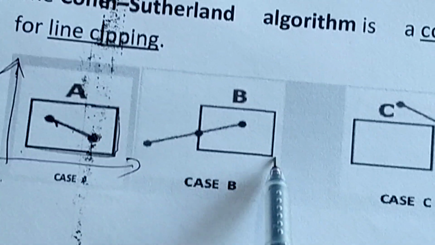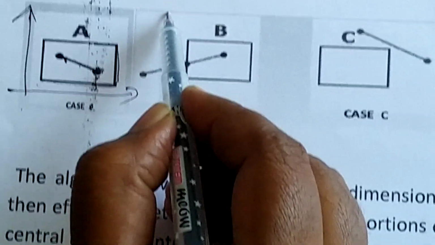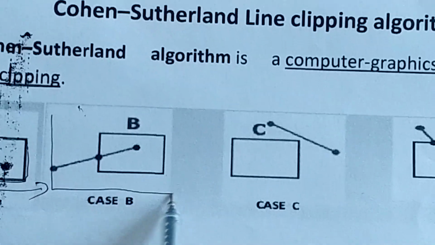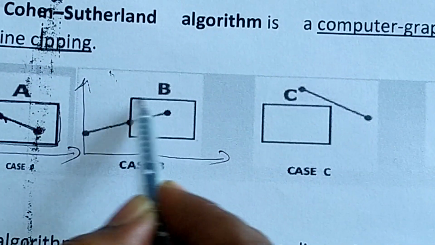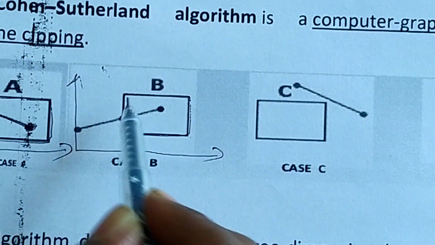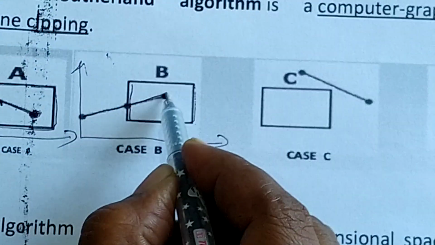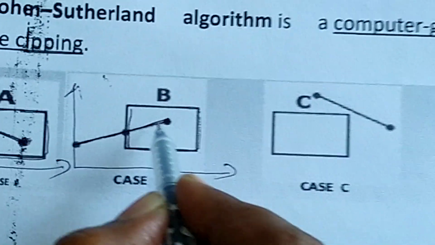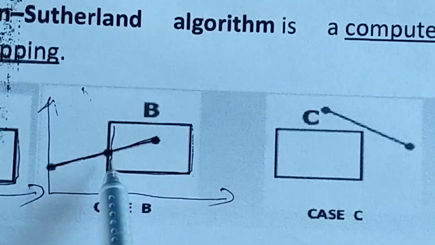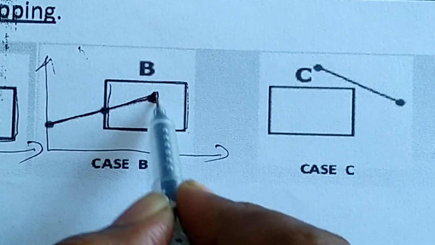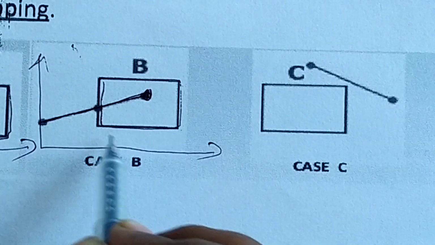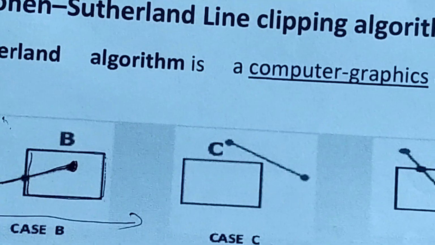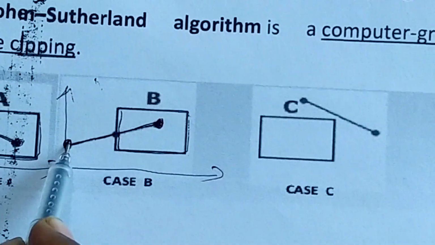We will go for case B. In the XY plane, this is our clipping window, right? And our line segment resides like this. One end point of the line segment is inside the window, and the other end point is outside the window.